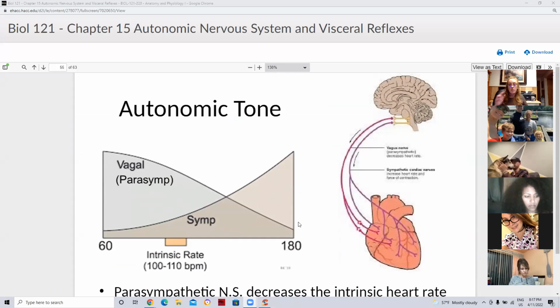For example, the heart has an autorhythmicity to it. It can beat on its own without any neural stimulation, and it has an inherent beating of about 100 to 110 beats per minute.